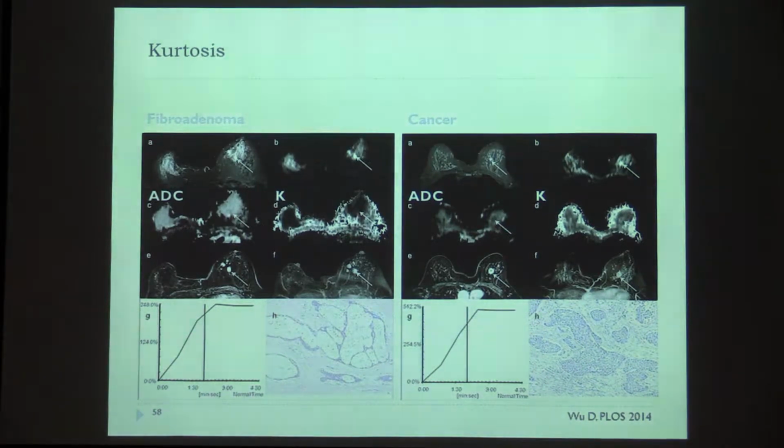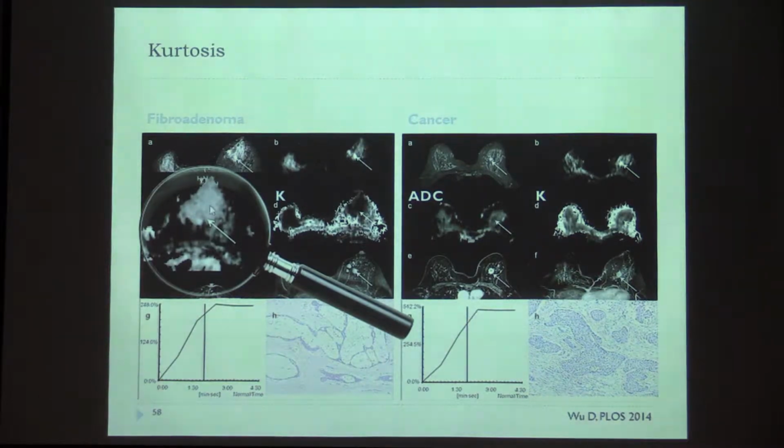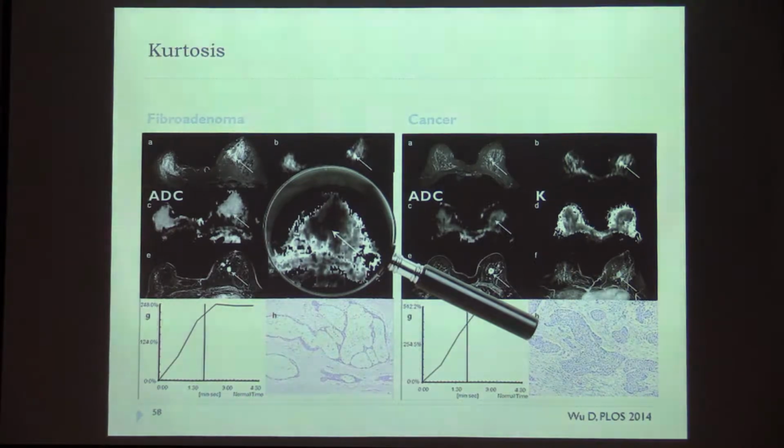Here, this is an example of kurtosis analysis. I show you here the fibroadenoma. This is ADC, so it's normal to have a high signal in ADC in the fibroadenoma. This is a benign tissue, so there is a free diffusion, so high ADC. And here, this is the kurtosis.